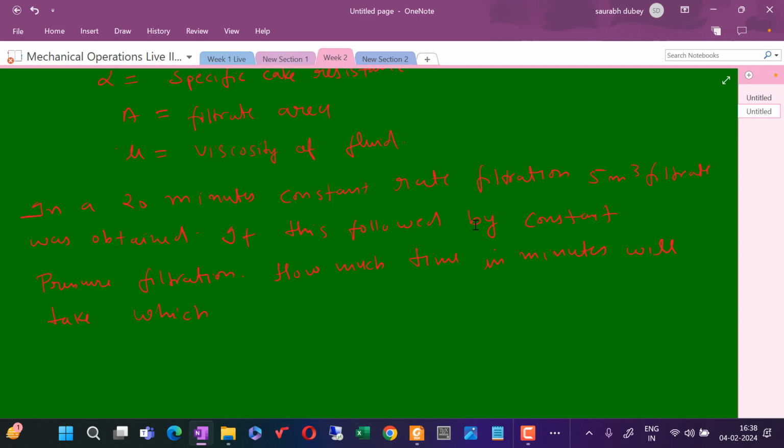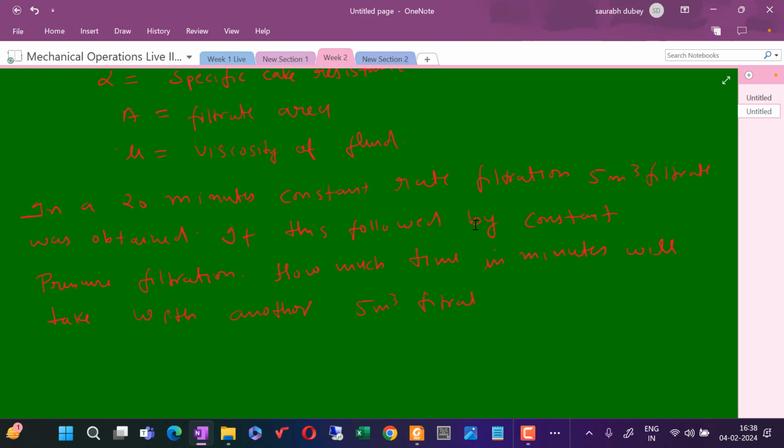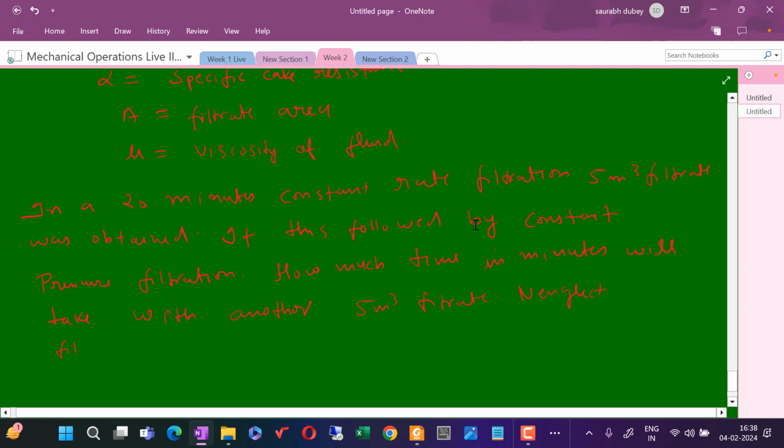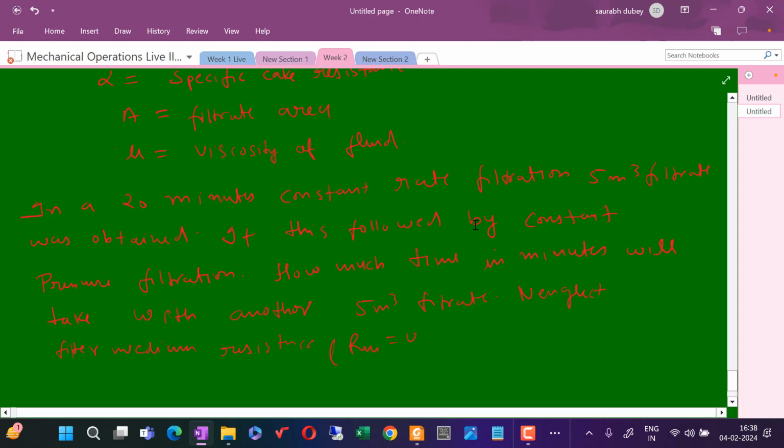Neglect the filter medium resistance, which means Rm equals 0, and it is incompressible.